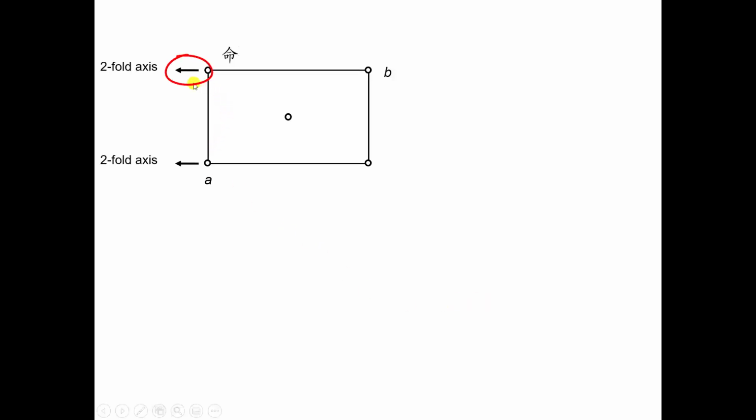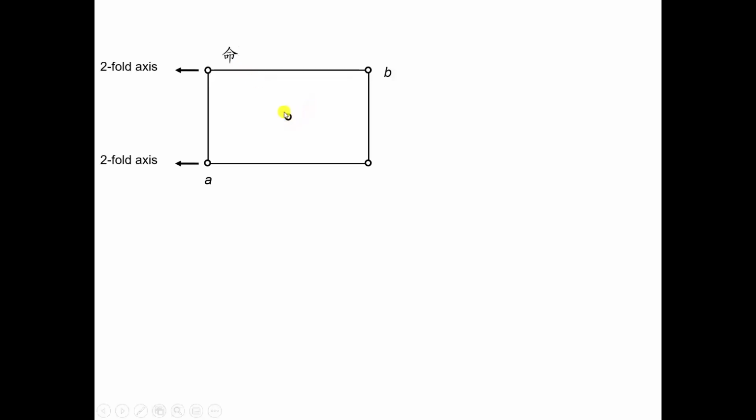So that arrow represents a two-fold rotation axis that's running parallel to B. I've just put a little symbol here, a Chinese character, that we're going to now operate on with the different symmetry elements present and see what we generate.